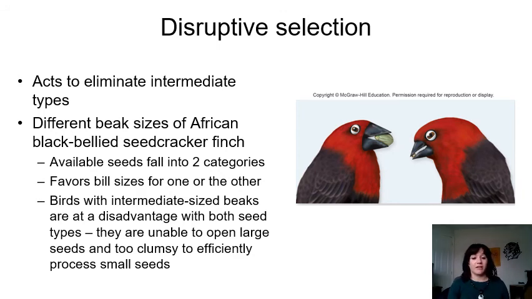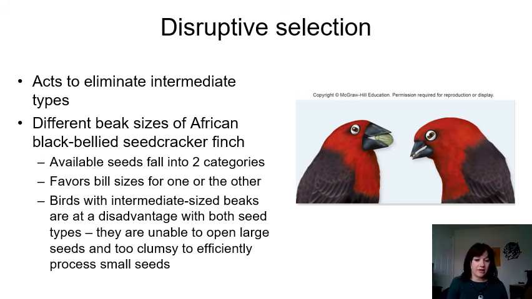So if you want to eat the big seeds, you've got to have a big bill. And if you want to eat the small seeds, you have to have a small bill. And in this case, birds with medium-sized bills, they're not really great at opening either seed type, and so they actually have a disadvantage, right?